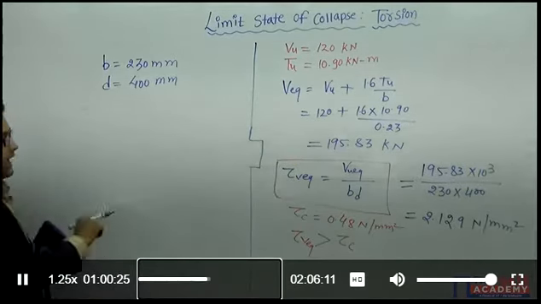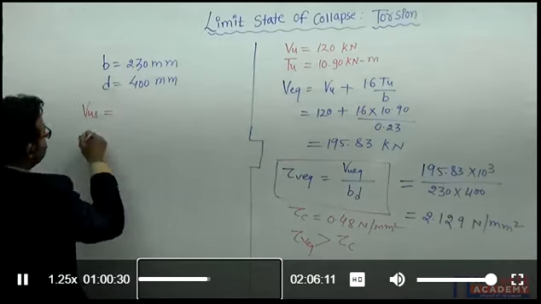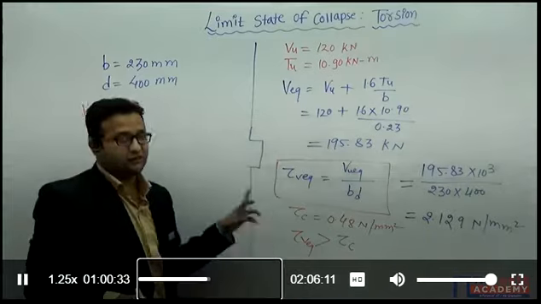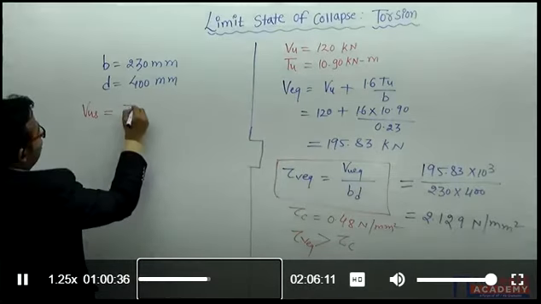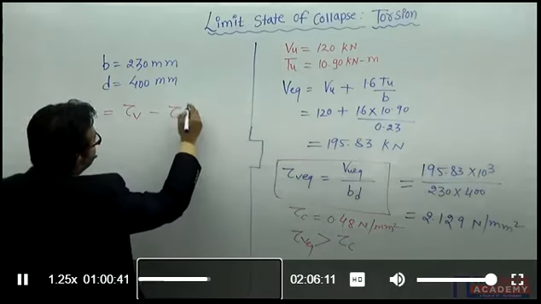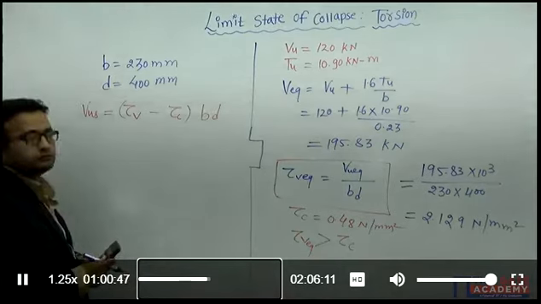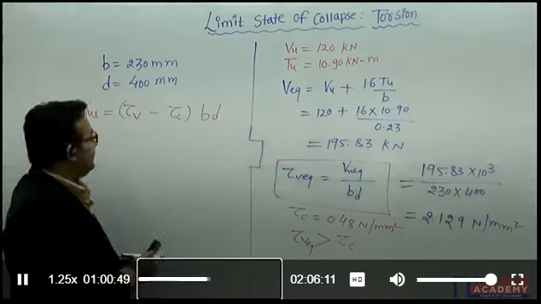I need to design my shear stirrups for the shear force equal to Vus equal to tau V minus tau C into bd.